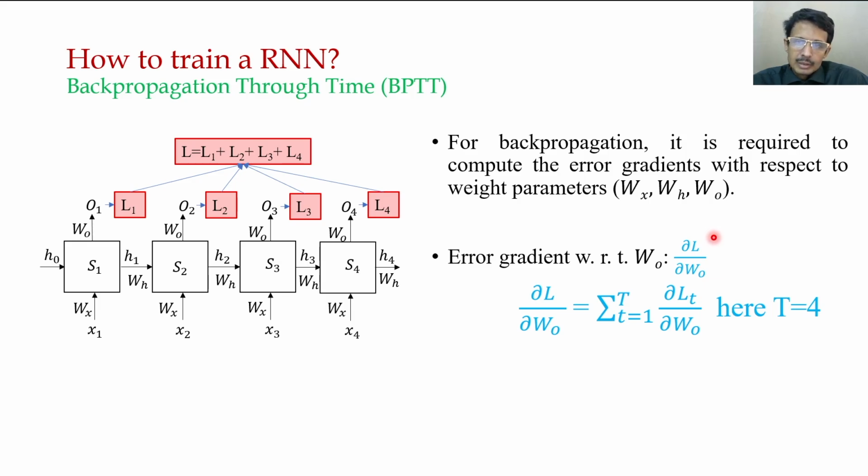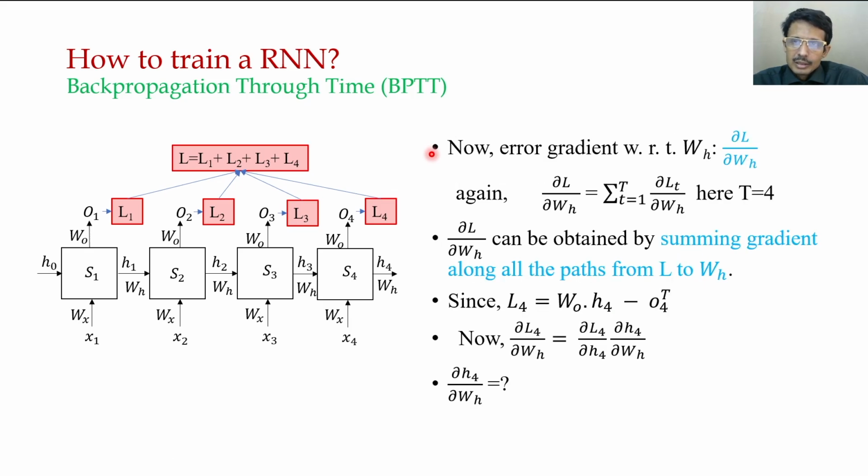Now comes the question of what the error gradient with respect to Wh is. Here you can see these Wh are somewhat connected through this time axis or time channels.